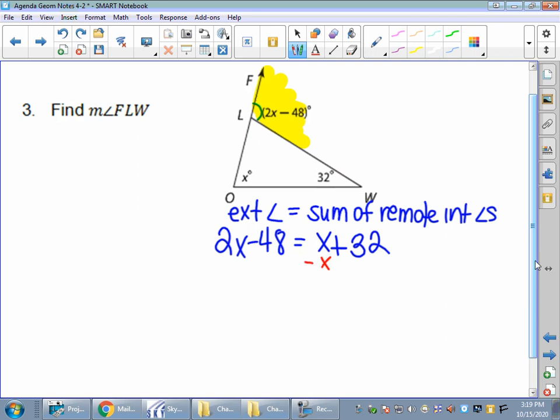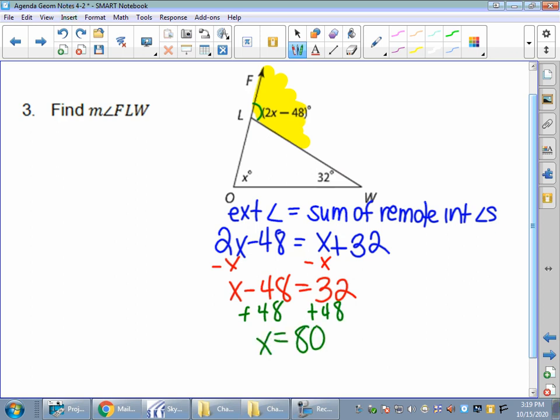So let's see, I'm going to subtract x from both sides. I'm going to add 48 to both sides. And I think that's 80. x equals 80. Are we finished with this problem if we know that x equals 80? We're not, right?